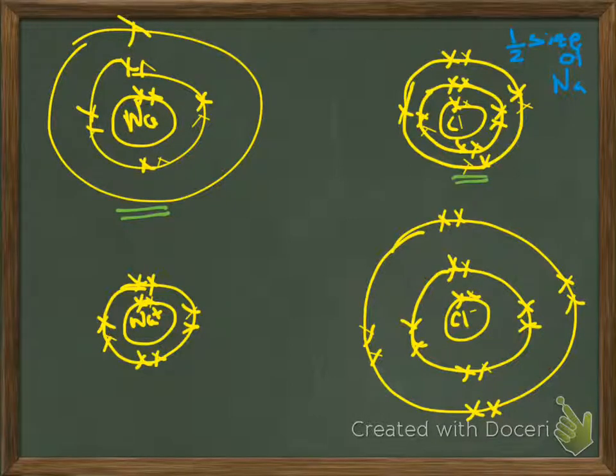The idea is in the ionic bonding, the sodium gives up its electron here. If you notice, I tried to draw the sodium bigger. It's probably not quite twice as big as the chlorine atom, but I tried.